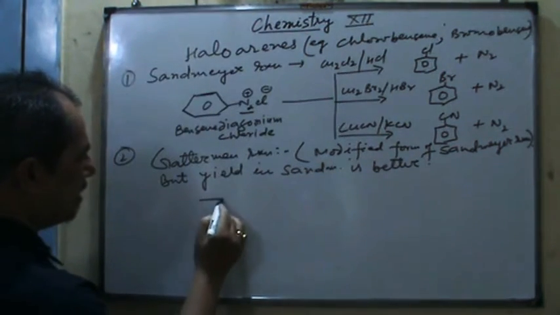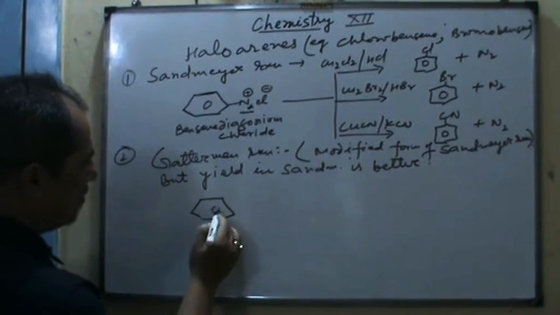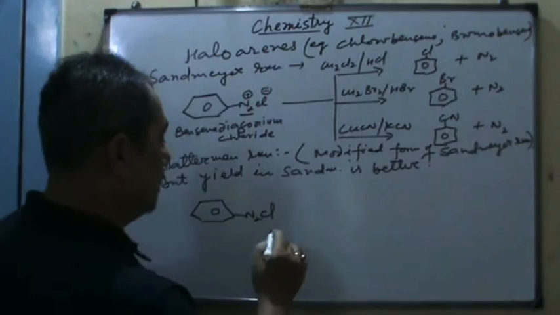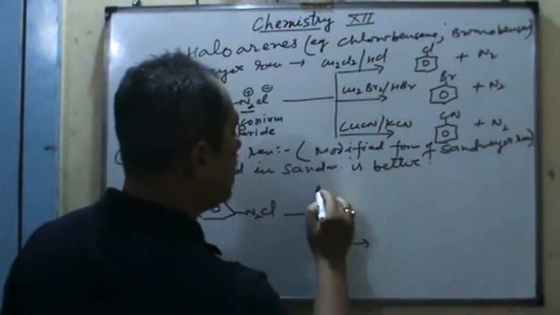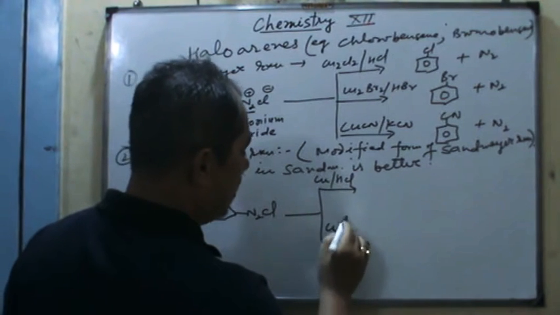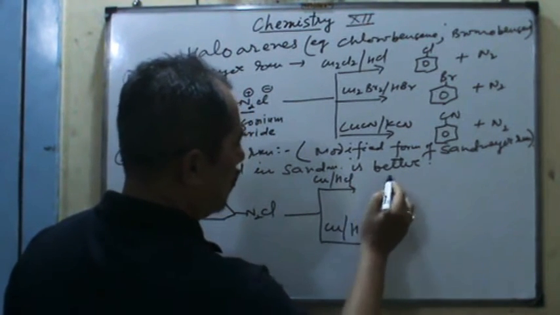Again we take benzene diazonium chloride, which is made to react with copper powder, Cu in presence of HCl and Cu in presence of HBr.